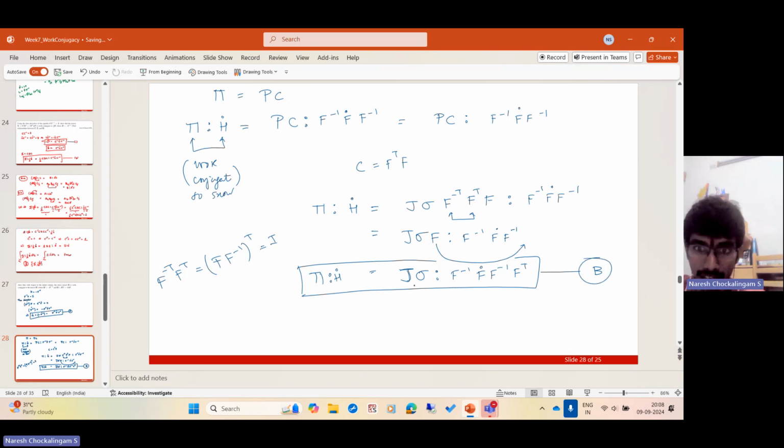So we have on the left hand side a tau, and on the right hand side we have a certain combination of F. We have an F inverse, we have F dot, then we have an F inverse, and then F transpose. So let us see what to do with the right hand side.